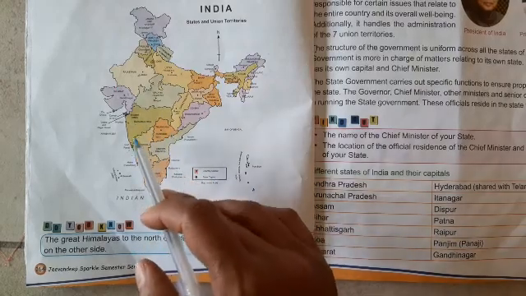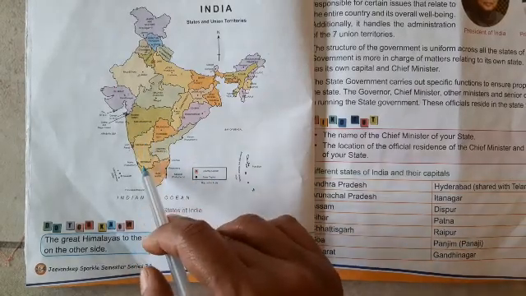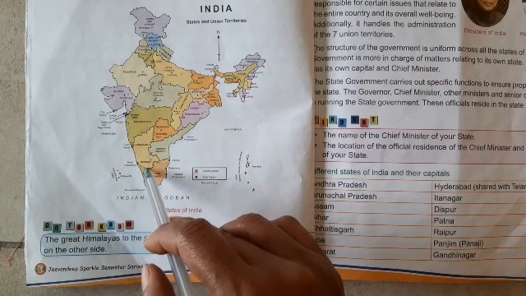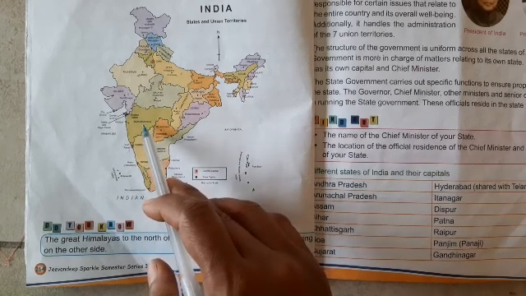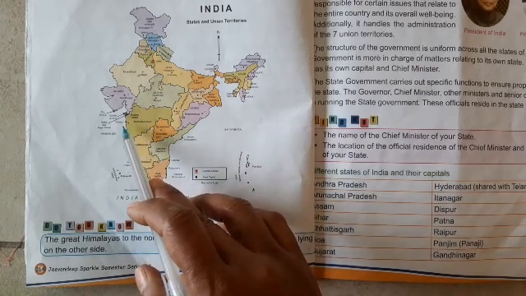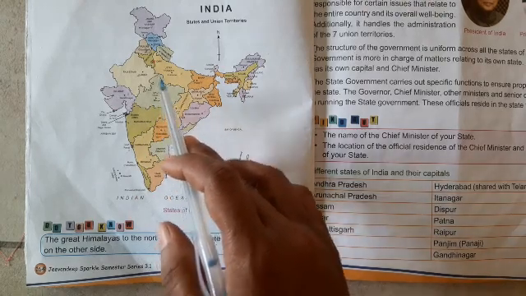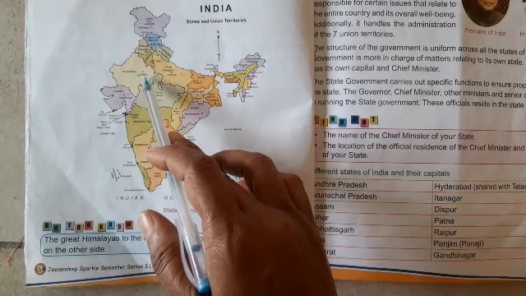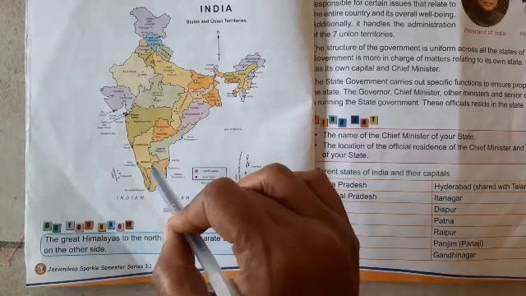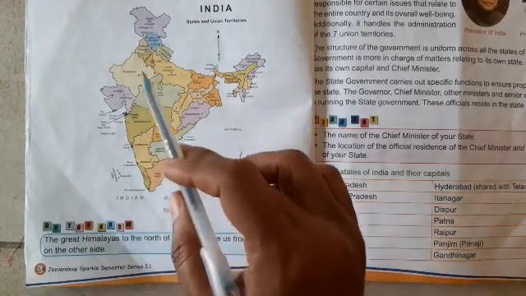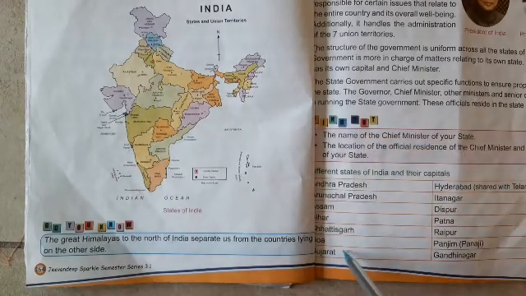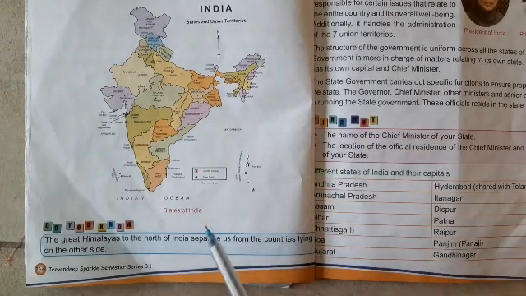For example, Karnataka, its capital Bangalore; Maharashtra, Mumbai; Madhya Pradesh, Bhopal; Rajasthan, Jaipur. In this way, you try to find the states whose names are given and the capitals whose names are given.